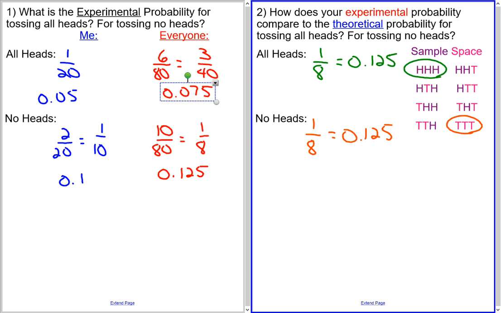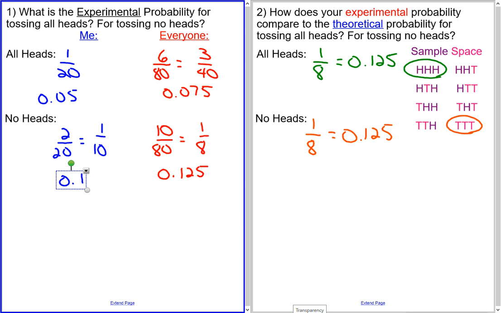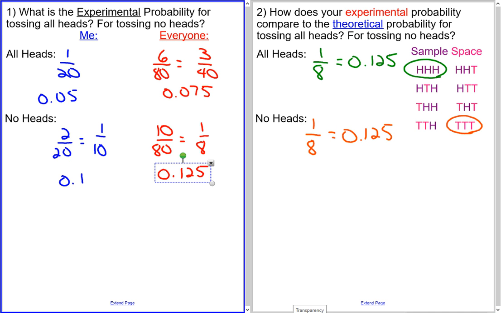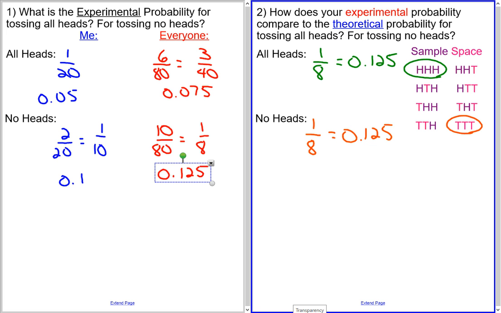If you go to the no heads, again, I was a little bit below when it comes to my luck compared to no heads over here. But when you look at all of us together, our experimental probability ended up being exactly equal to our theoretical probability for getting no heads.